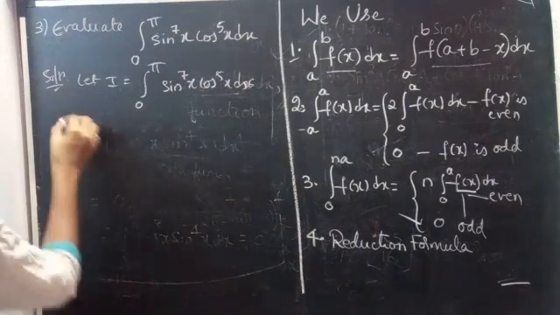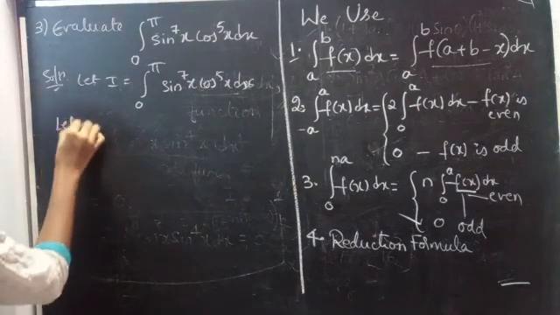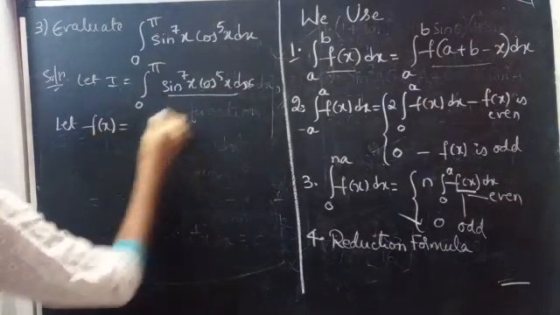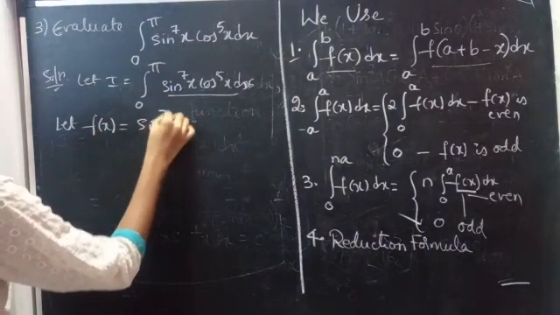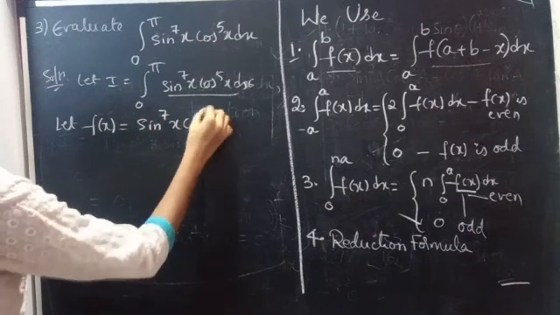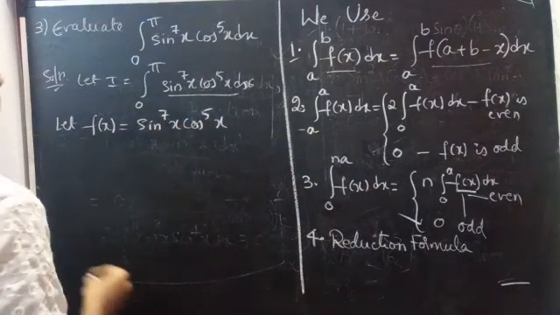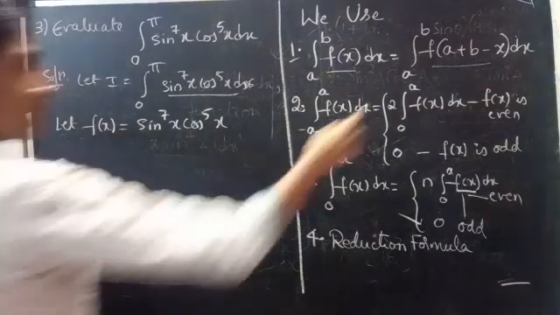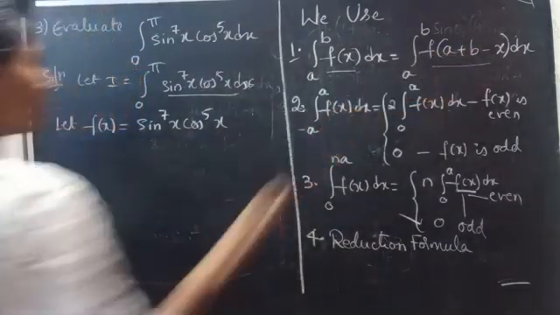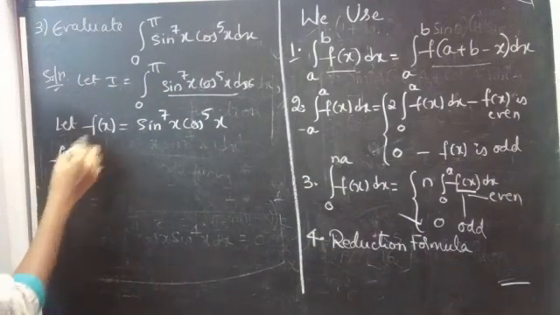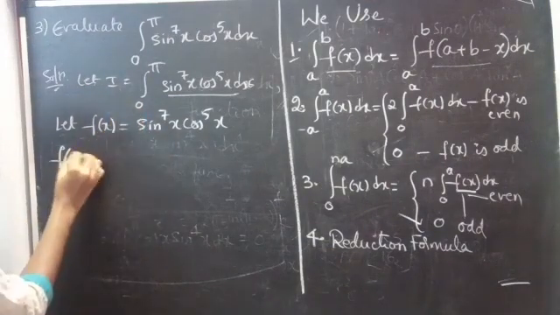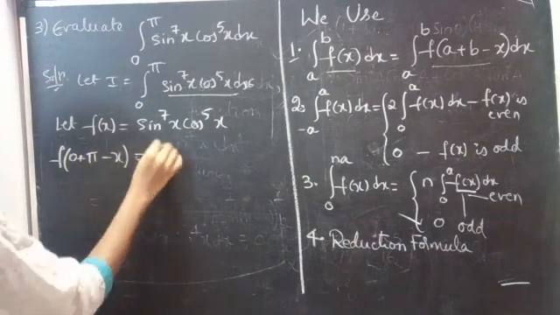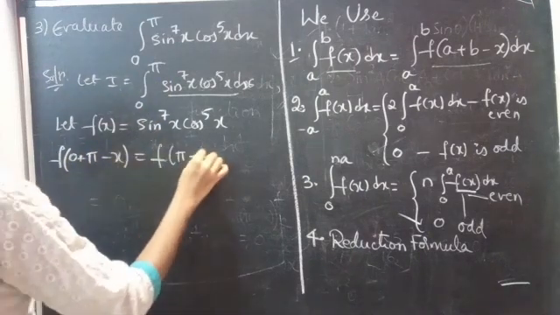Now let f of x equal the integrand, sine power 7x into cos power 5x. What we are going to use is the first property, f of a plus b minus x, that is, lower limit plus upper limit minus x, which equals f of pi minus x.